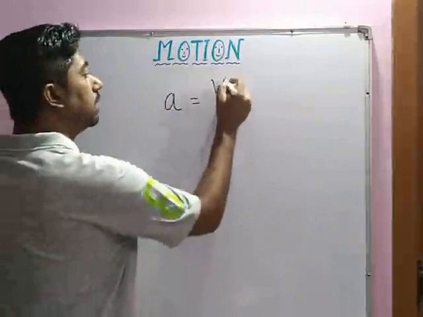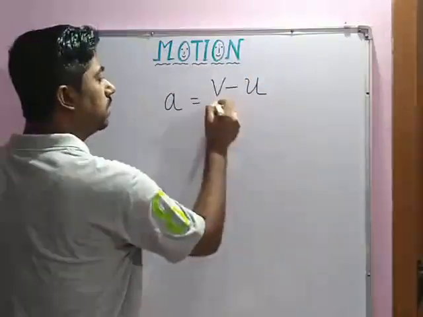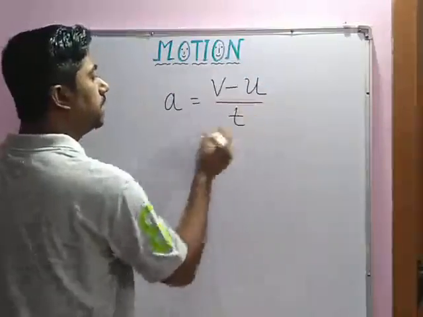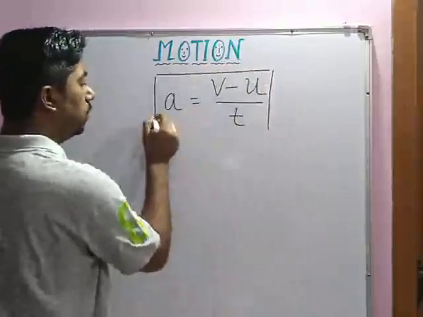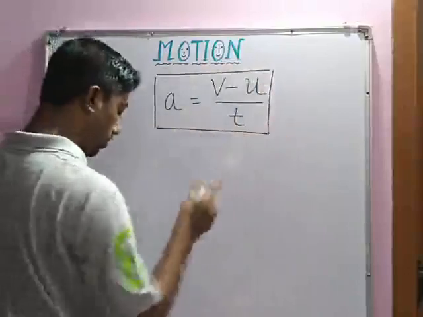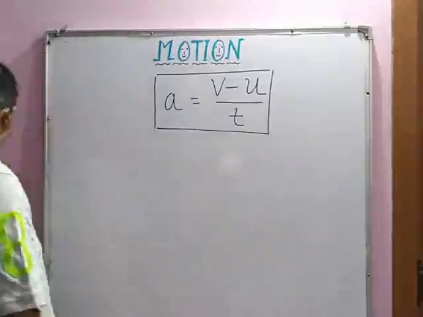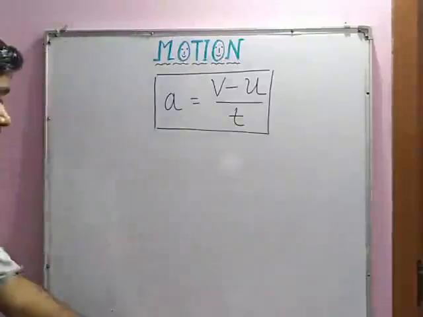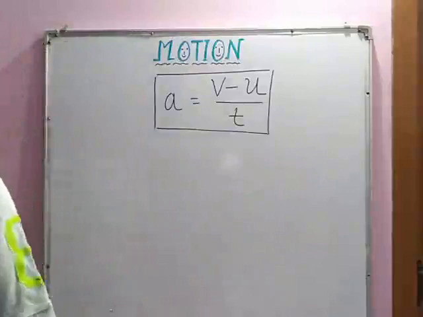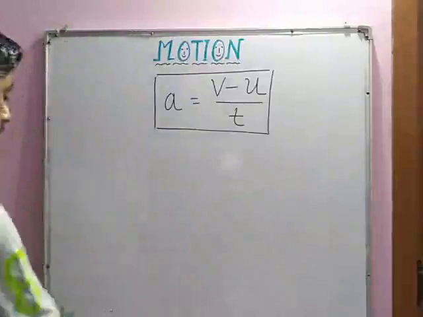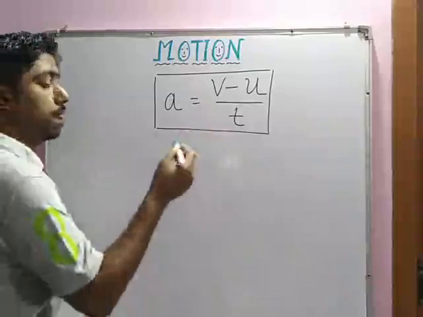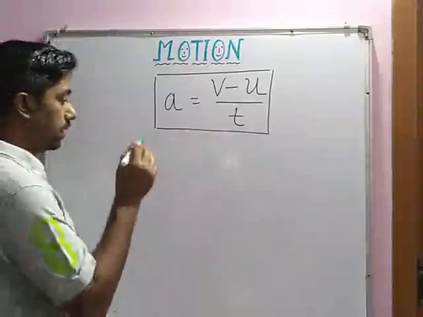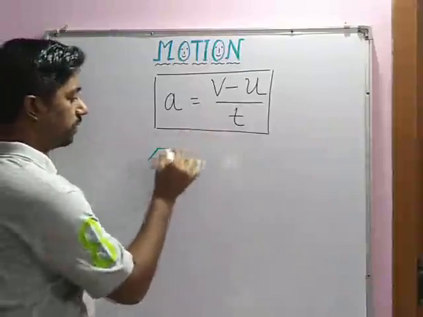Then this a is v minus u by t. Now what are v and u we will discuss. So we have a equal to v minus u by t. Now listen carefully. Suppose there is a body, say a car.